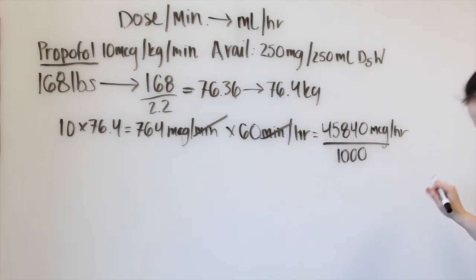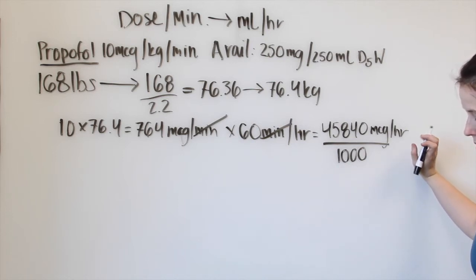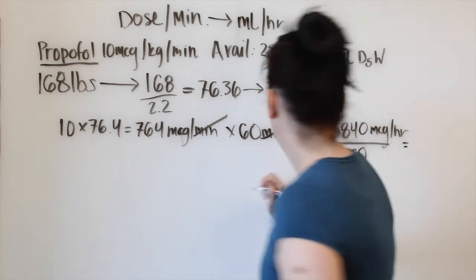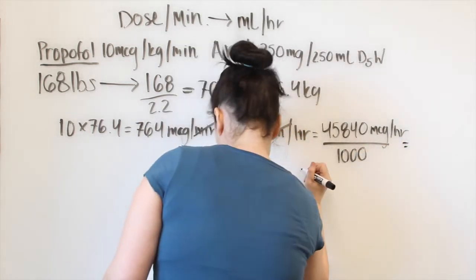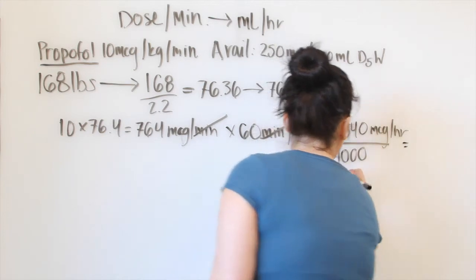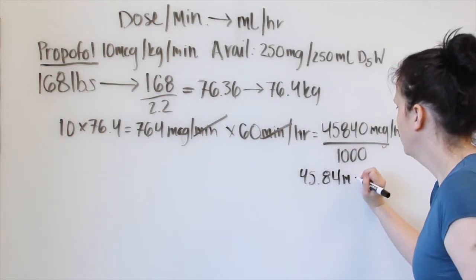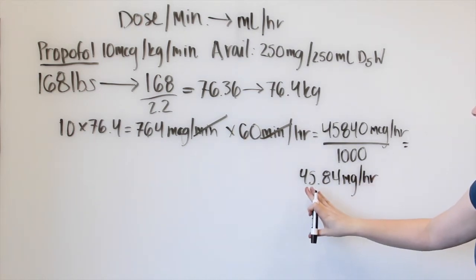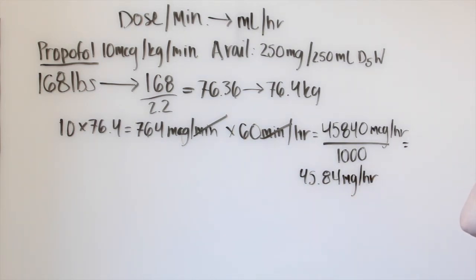So we're going to divide, and what you get from that is 45.84 milligrams per hour, which is a lot more manageable than the other.